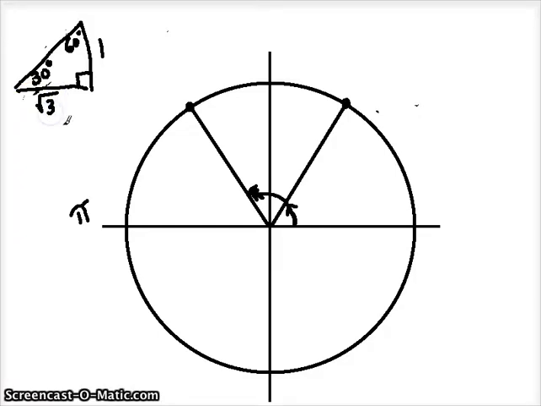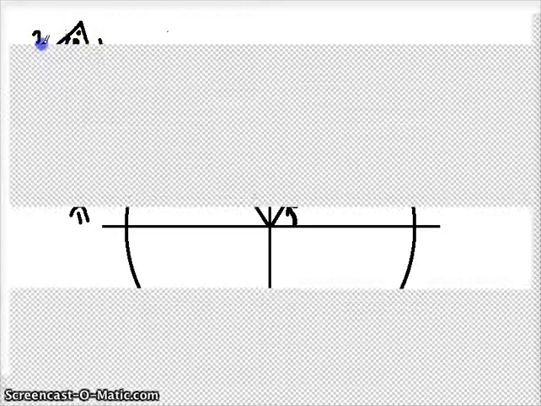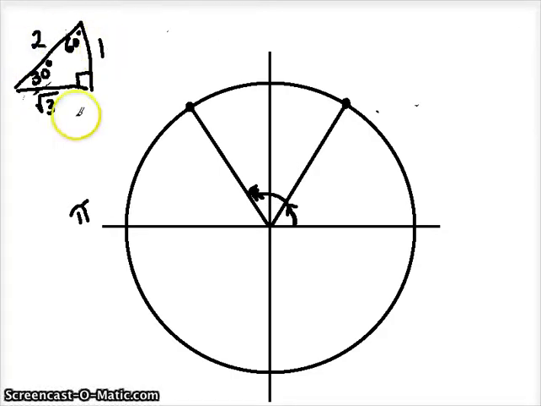So 1 times the square root of 3 would just give us radical 3. And then the hypotenuse in this special right triangle is always double the short side. So if the short side is 1, then double that would be 2. So we're going to use these ratios right here to help us find the values. So let's get going.